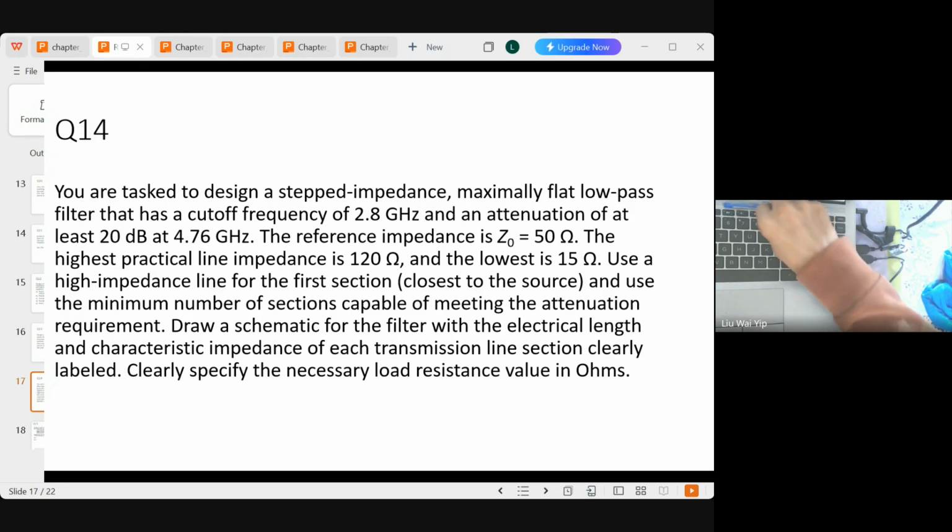Now, you need to determine the order of the filter first. The order of the filter can be found from some of the details like the stop band attenuation and the cutoff frequency.